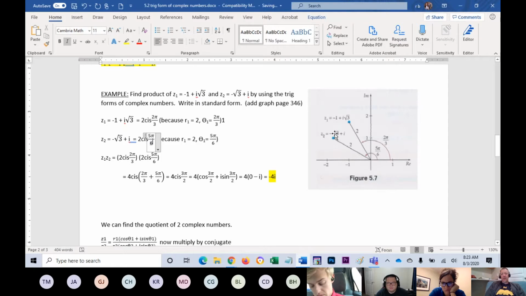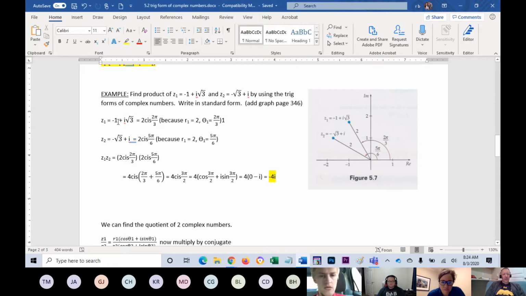It's negative, so I'm in quadrant 2, and so if this angle here is pi 6, then this angle here is 5 pi 6. Okay? So this requires you to remember everything that we learned back on test number 1. Does that make sense? Yep.